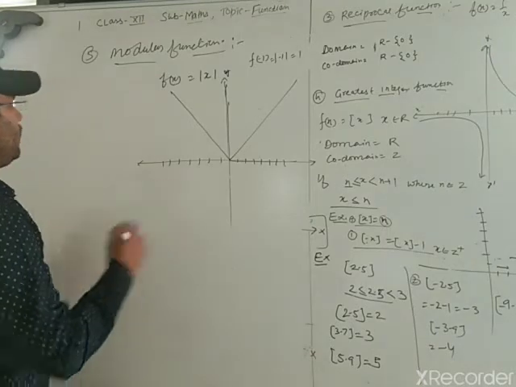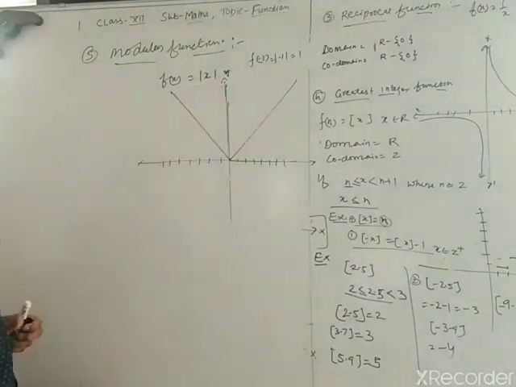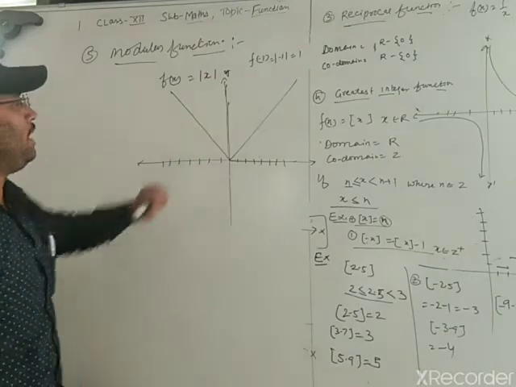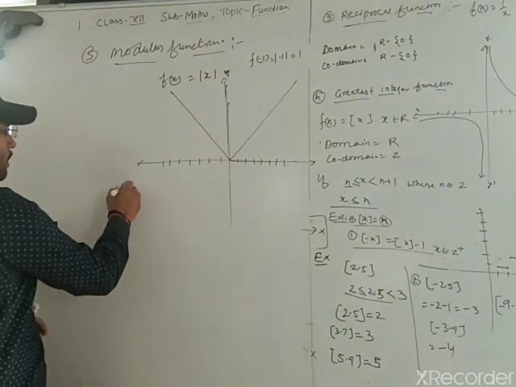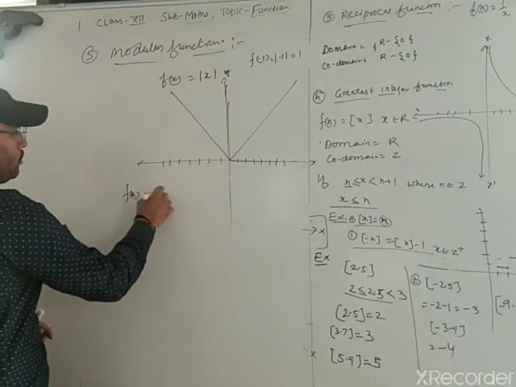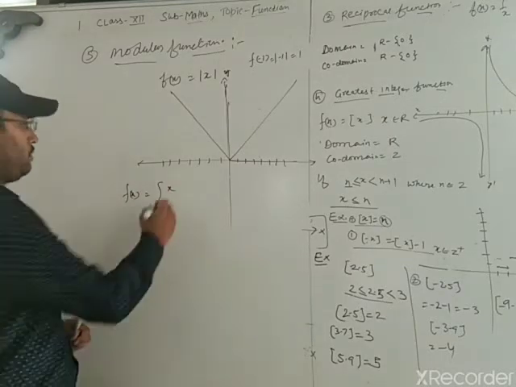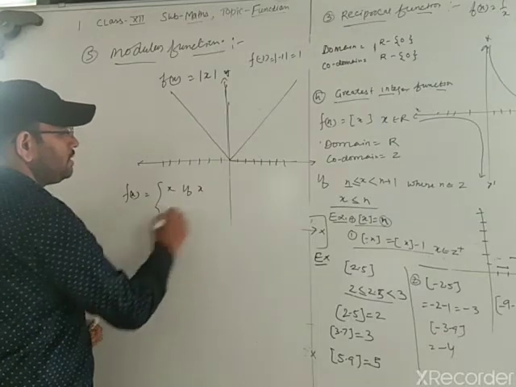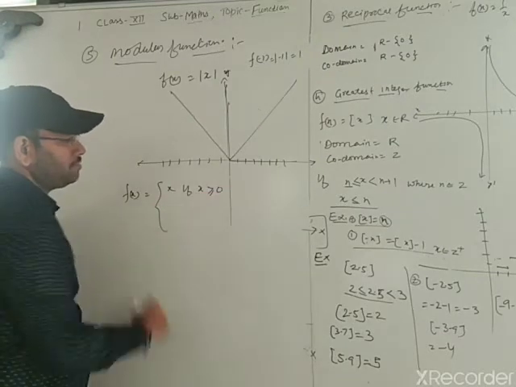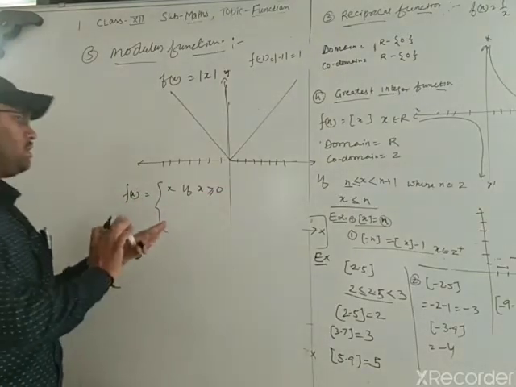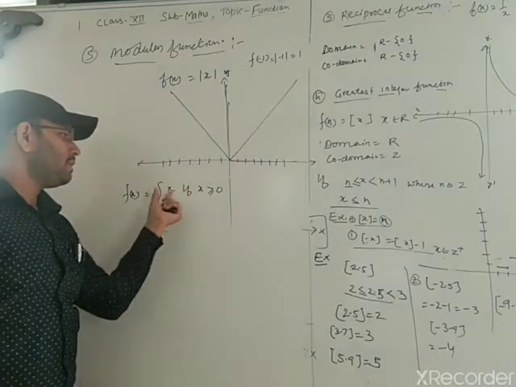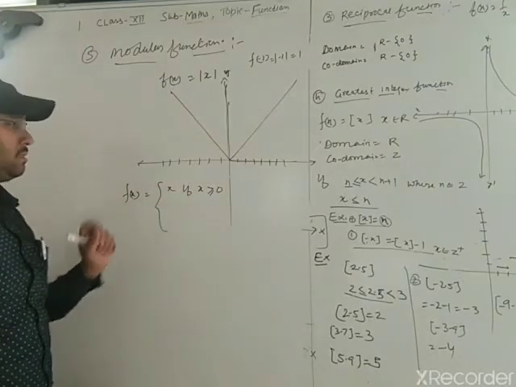Clear? Okay. Now the reason behind the modulus function, why we get a positive value: f(x) is equal to x if x is greater than 0. There is no change; if x is greater than 0, you will take x.